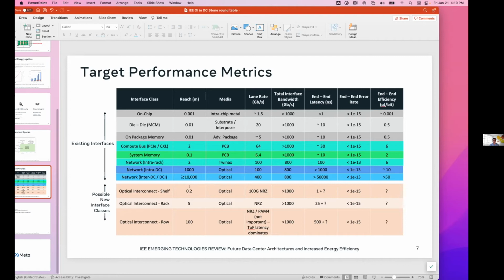Until we have that kind of technology, it's very difficult to imagine disaggregation going into racks and rows. So we need to understand the domain in which you can effectively pool. That feels like shelf-like granularity and barely rack-like granularity, but certainly not row granularity.